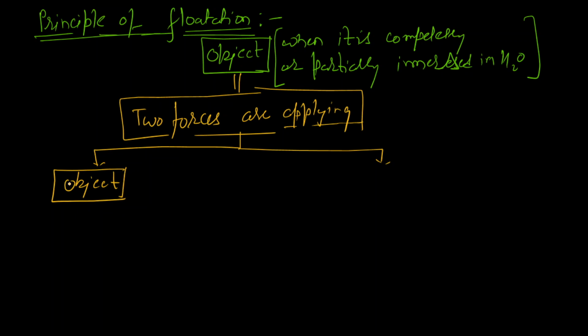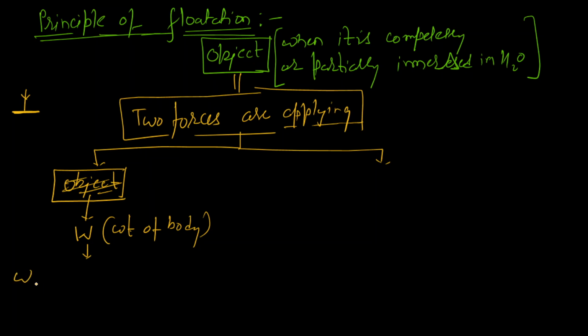Whatever the object's weight, that means the heaviness, that is considered as capital W. And capital W basically explains the weight of the body. That W is applying vertically downwards. What is the meaning of vertically? For example, this is your earth surface, and anything working by making a 90-degree angle is vertically downward.